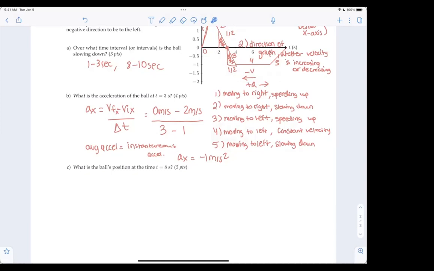So we'll do 4 seconds, that's our base 1, plus 7 seconds, that's our base 2, right? And then times our height, and that height of that trapezoid is -1 meters per second. So we have to include the negative because that's going to give us an indication of the direction.